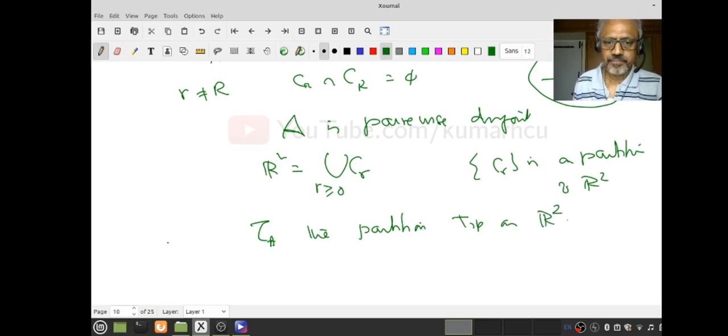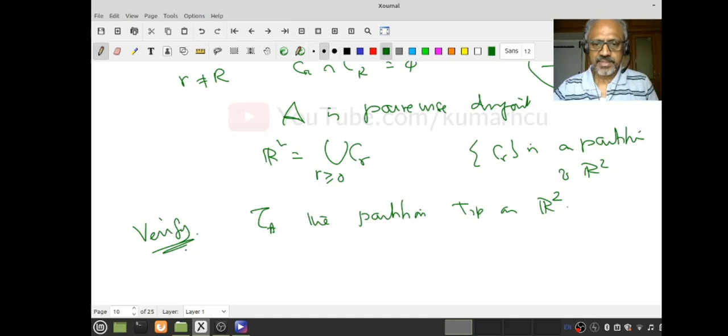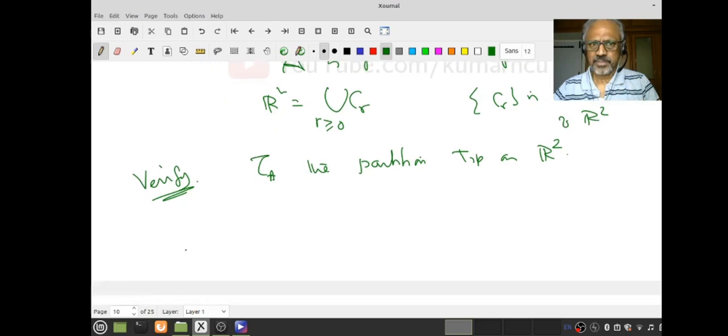It's very easy now because the partition topology contains all the C_r. And if tau is any topology, then an arbitrary subcollection of C_r must again be in tau. Are you following what I'm saying?